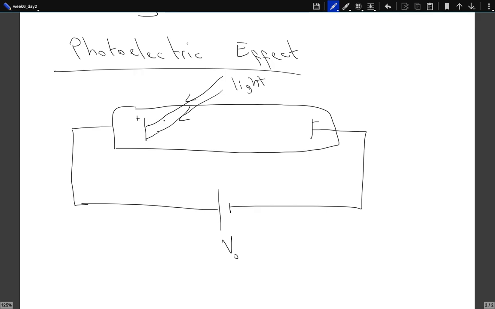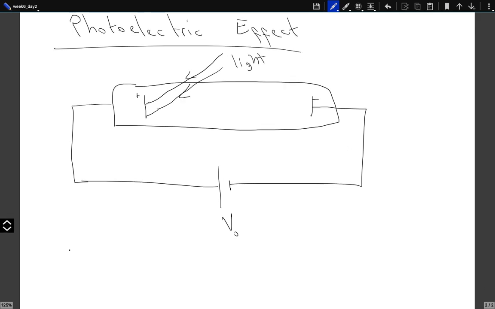Now, what are the variables we can control in this experiment? The voltage. The intensity of light. The metal, I'm sorry.